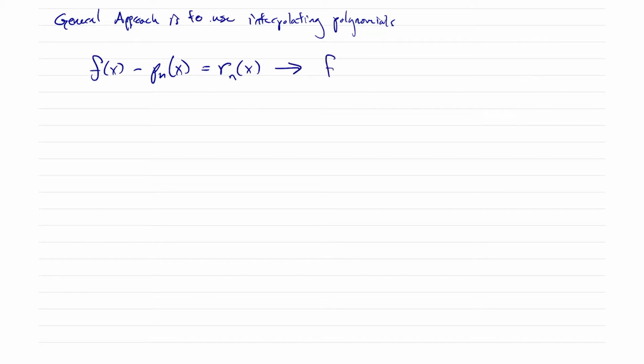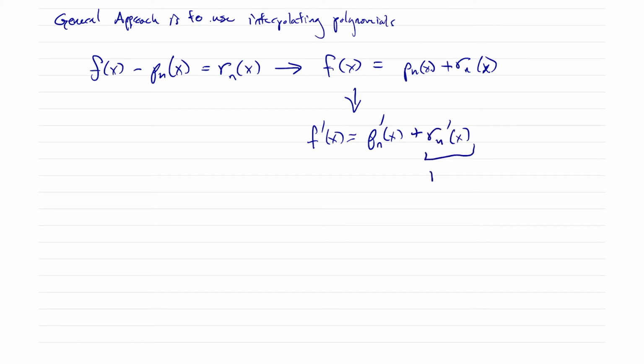And so we can think of f of x as Pn of x plus Rn of x. And so if we want to guess what f prime of x is, then that's going to be Pn prime plus Rn prime of x. And so we want to demonstrate that this is small.